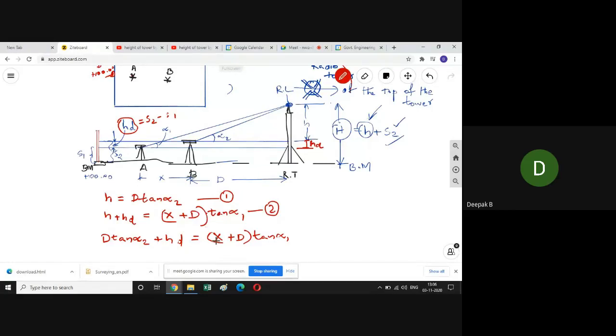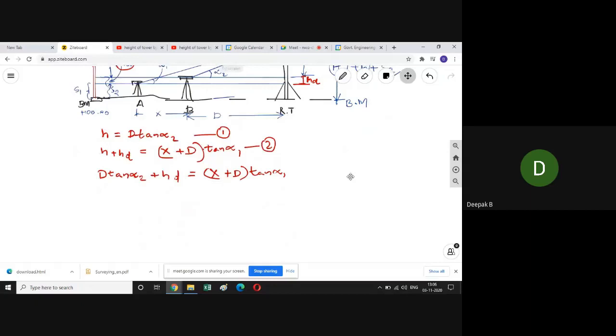Now what should be done next? Is it clear up to this step? I took two triangles. In terms of alpha 2, I wrote a value for H. Then I took the next triangle, in it the angle is alpha 1, so I wrote H plus HD equal to X plus D into tan alpha 1.